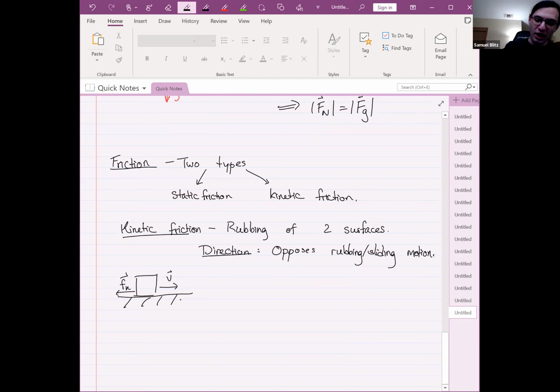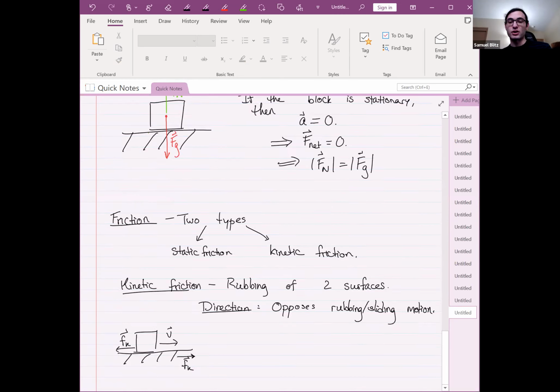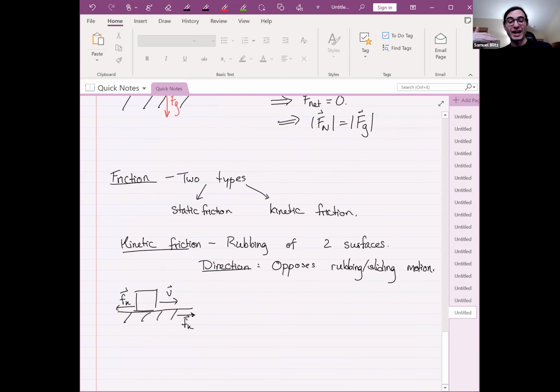Importantly, by the way, though, the table will feel a frictional force pointing in the opposite direction because from the block's perspective, the table is moving to the left. And so the table should experience a friction force pushing it to the right. So by the way, just like gravity, the contact force and both friction forces also have third law pairs, right?